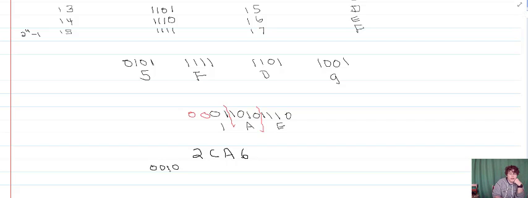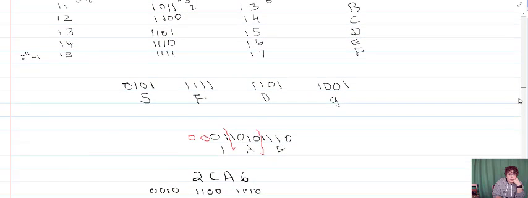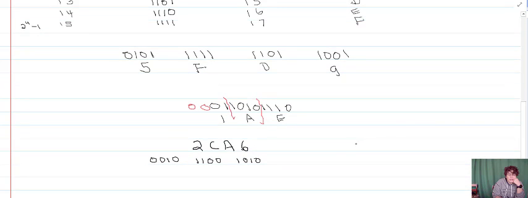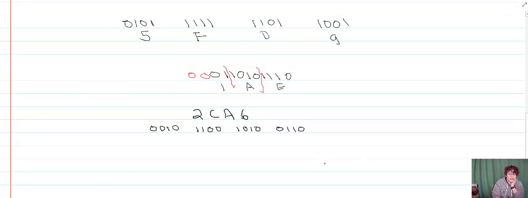So the binary for C, 12, is 8 plus 4, so that's 1100. A is 10, that's 8 plus 2, so that's 1010. And 6 is 4 plus 2, so that's 0110. So that's how you convert back and forth between binary and hexadecimal, and those are the easiest conversions.